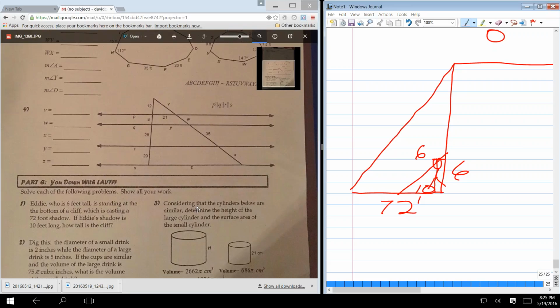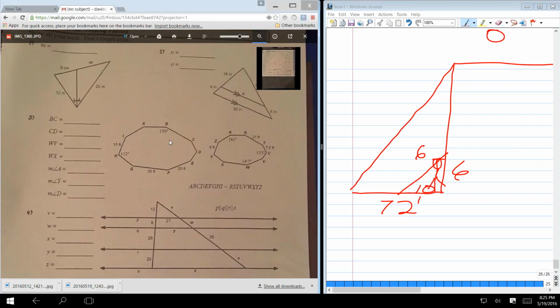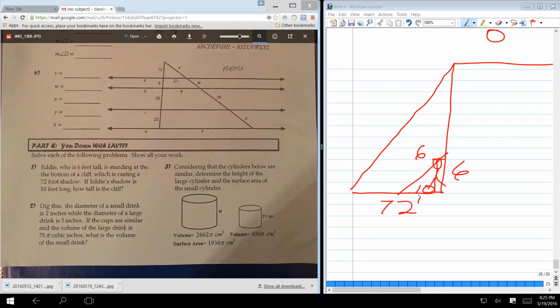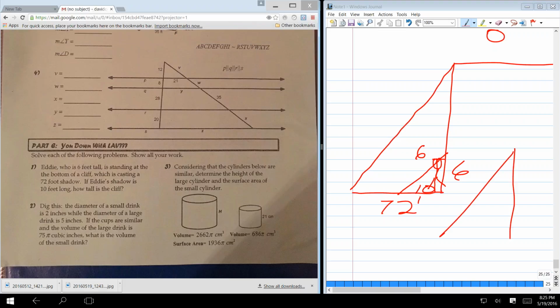If you look at every single problem, this is similar to this, that triangle is similar to the big triangle, all of these triangles are similar to each other. So let's work it as a similar triangle. Here are our two triangles. We got a big one that is 72 down here. Then we got a little one right there that is 10 foot there and 6 foot there. So what's the relationship you can use?